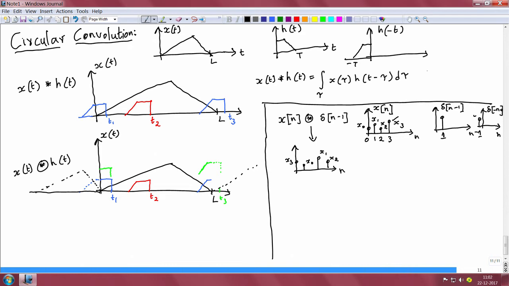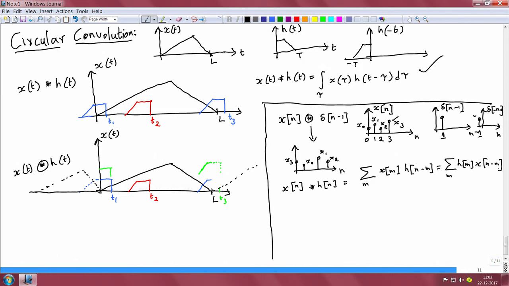Just like how we have derived this one, we know that x of n convolved with h of n is the sum over m of x of m times h of n minus m, or equivalently it can be written the other way as well: you take h of m times x of n minus m.